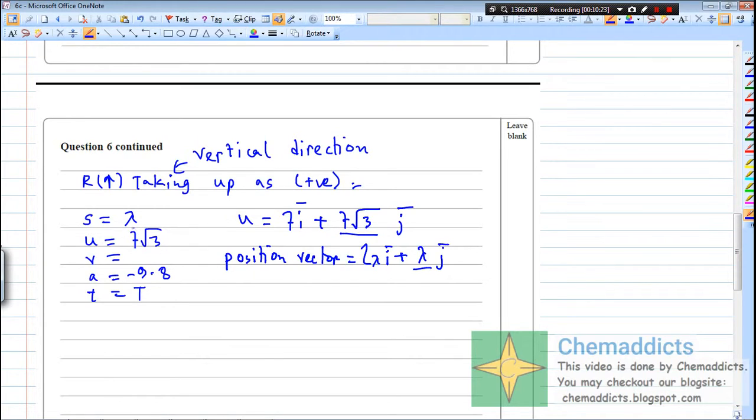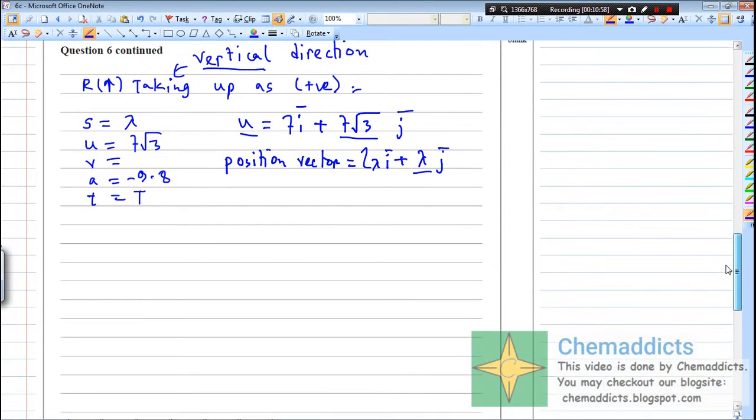For the displacement we have taken the vertical component of the position vector. For the initial velocity we have taken the vertical component of the initial velocity, since we are dealing with the vertical direction.